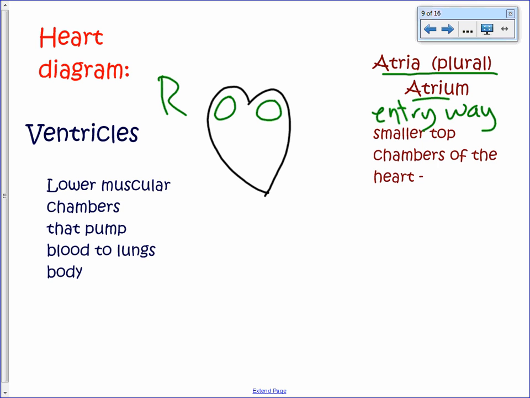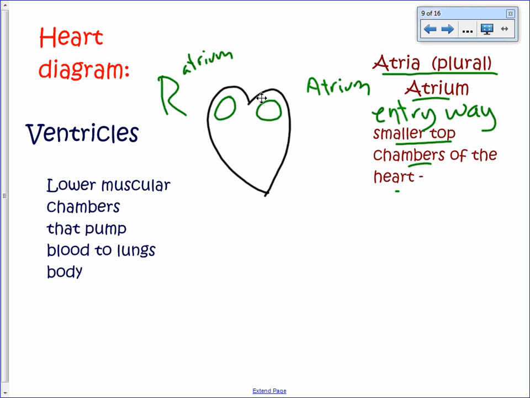So kind of right is left, left is right. But it's very important to make sure you get that right. So right atrium and left atrium. The entryway. So the smaller top chambers of the heart are the atria.